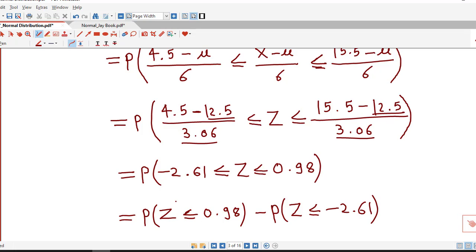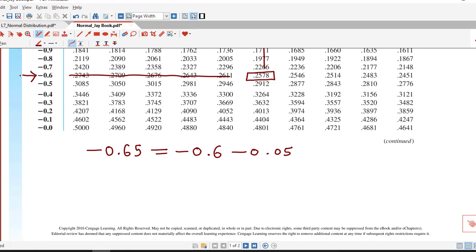Now as we know, this probability can be rewritten as probability that Z is less than or equal to 0.98 minus probability that Z is less than or equal to minus 2.61. So we look for these two values in the table, 0.98. So first we concentrate on 0.9.